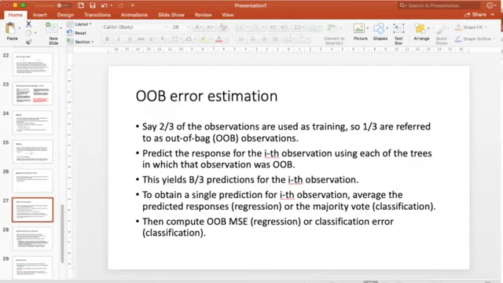To obtain a single prediction for this observation, we average the predicted responses in the case of regression trees, or in the case of classification, we take the majority vote. Then for regression trees we can compute the MSE for the OOB, or in the case of classification, we can compute the classification error.